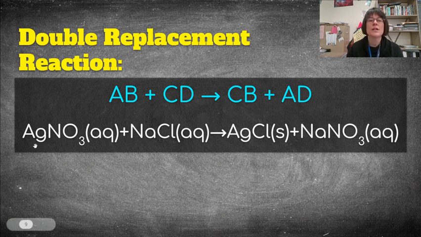Down here we have silver nitrate reacting with sodium chloride, and the silver combines with the chlorine and the sodium with the nitrate. So here we switched: AgCl, NaNO3. The outside ones combined, the inside ones combined. They switched partners like at a dance.